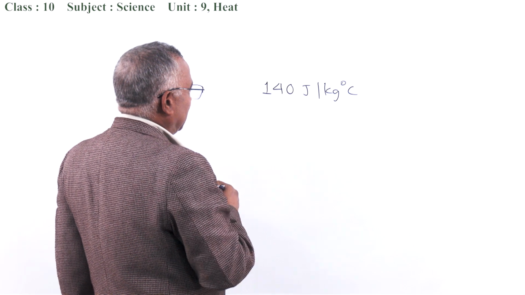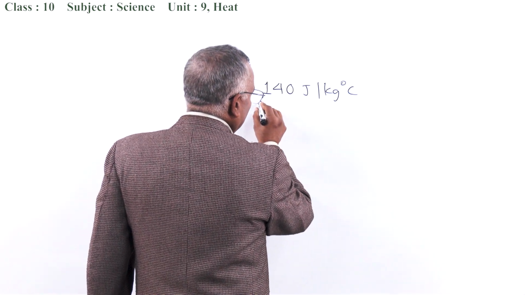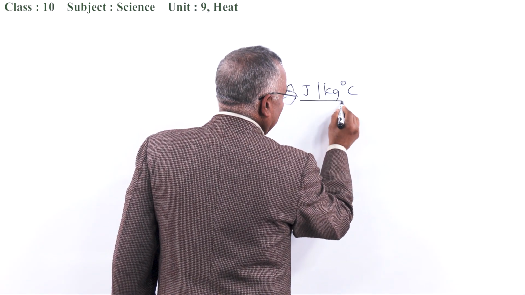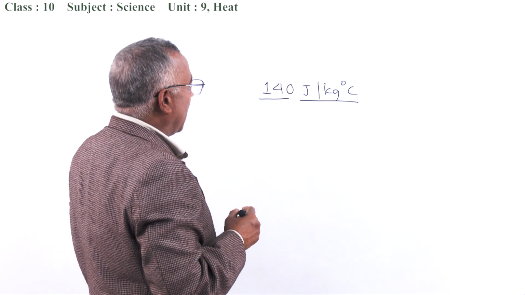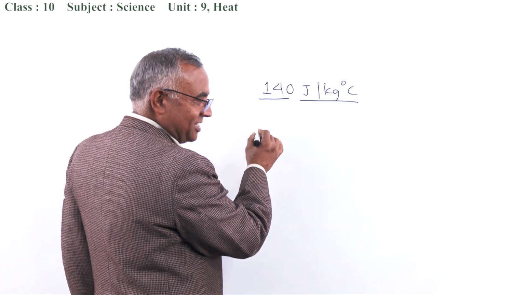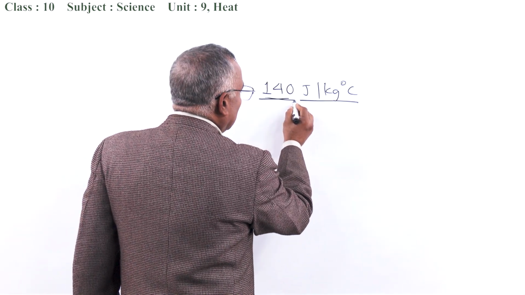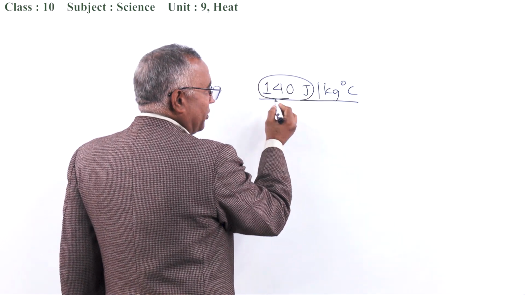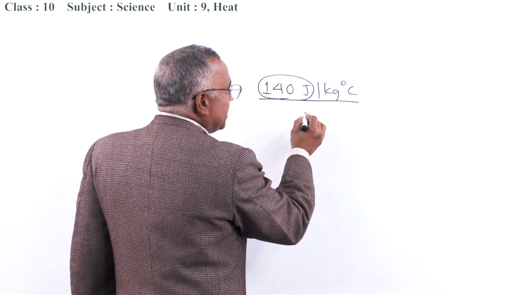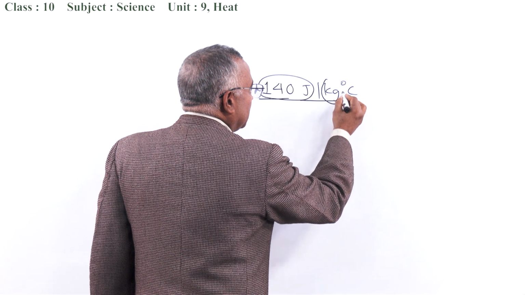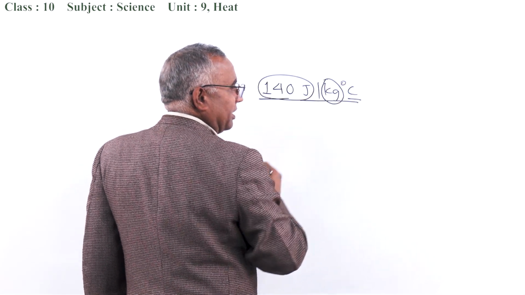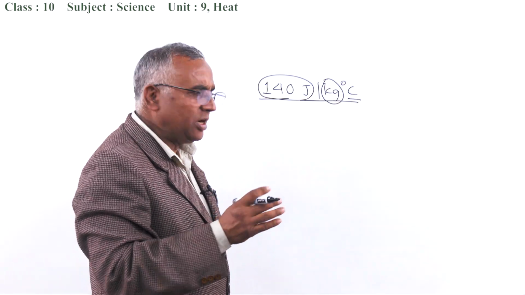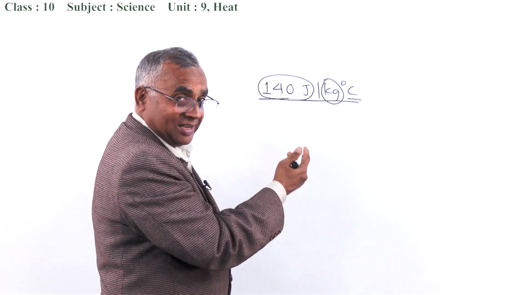In that condition, you have to explain this relation, and here you have to say that it means that 140 joule heat is required to raise the temperature of 1 kg mass of mercury by 1 degree Celsius. So, in the definition, it is explained.